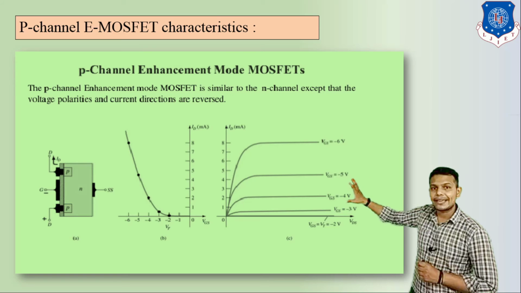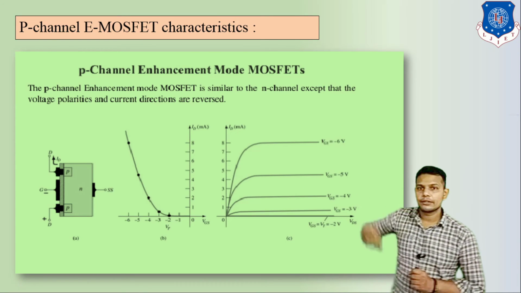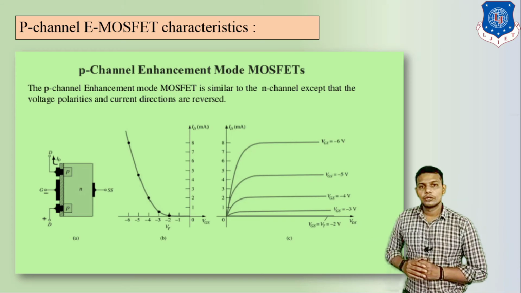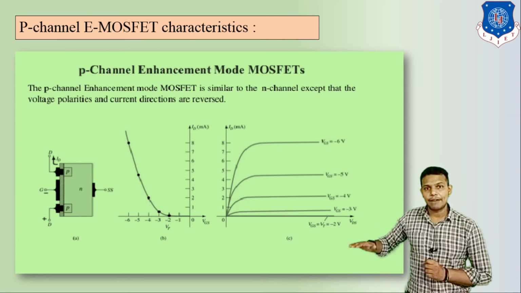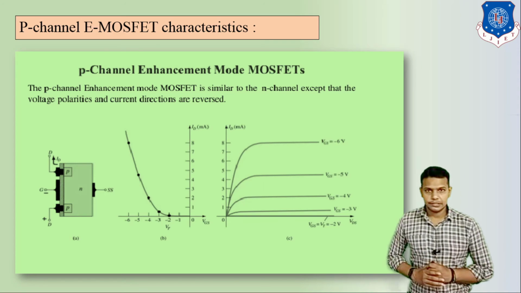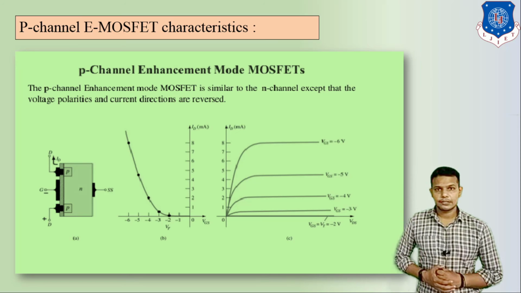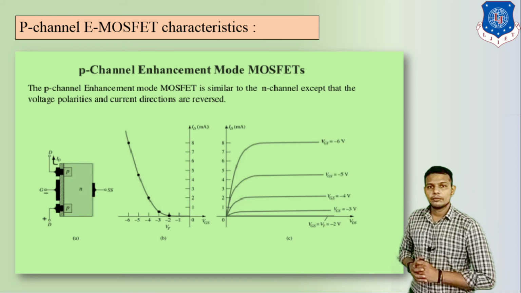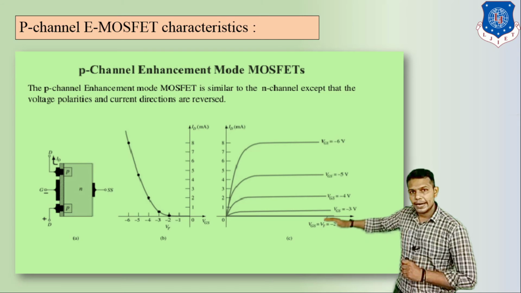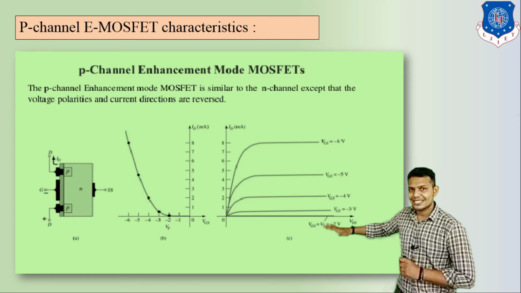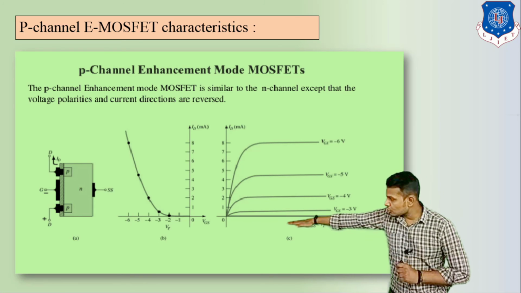And from these characteristics, we can plot the transfer characteristics. Remember, in transfer characteristics we have to plot VGS on the x-axis and ID on the y-axis. In the first condition, at VGS is equal to 0, ID is also 0, so it is plotted.